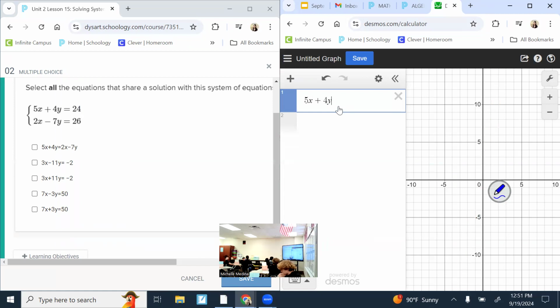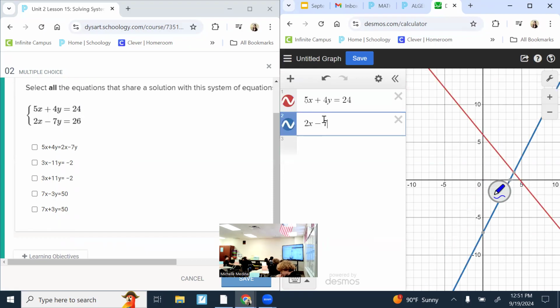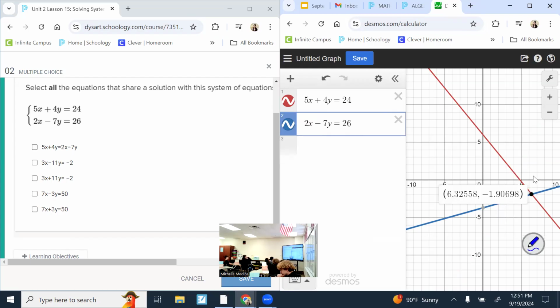I don't have to put it in any special form if I'm using Desmos. That's the nice thing about it, but you still have to know all the other things I've taught you. The solution for the system is a weird decimal, so let me just write the gist of what it is.